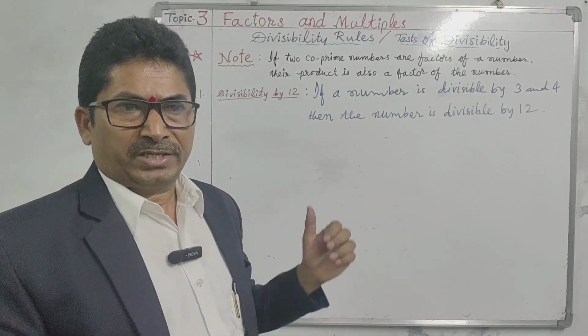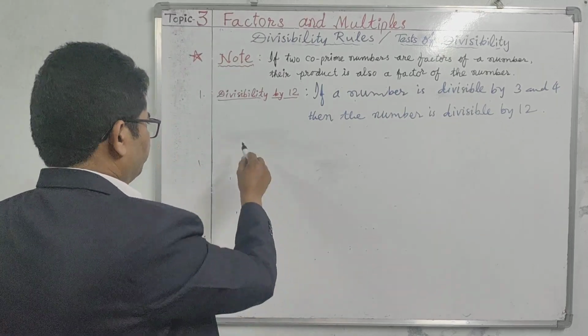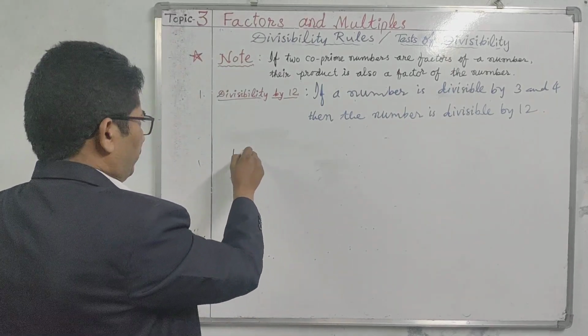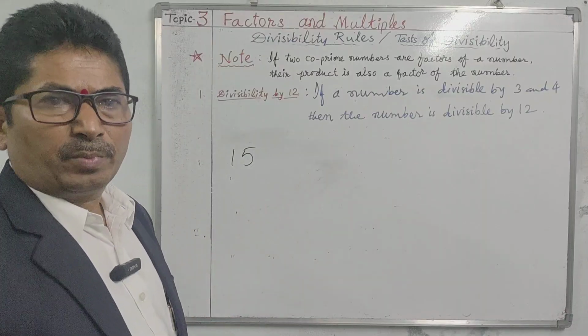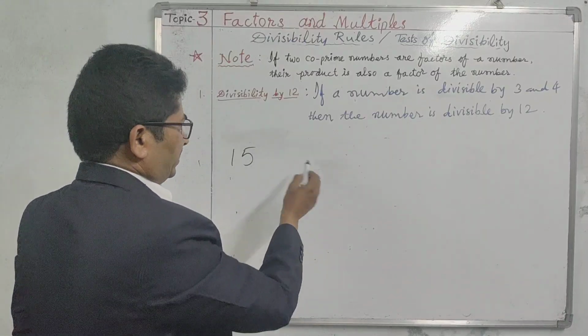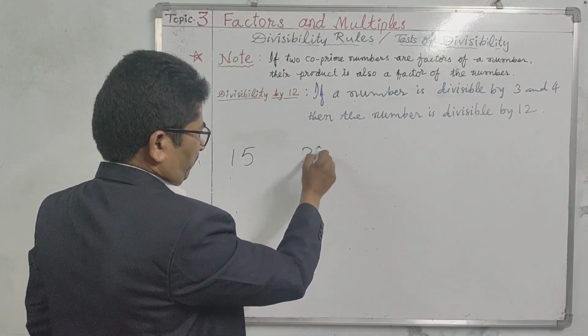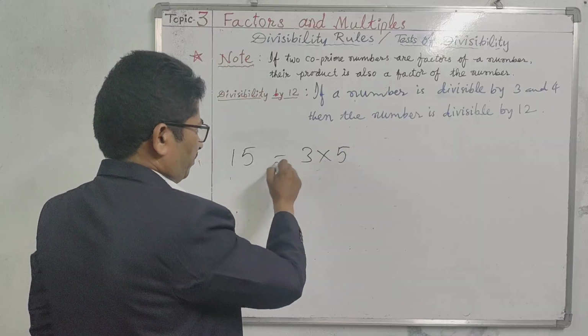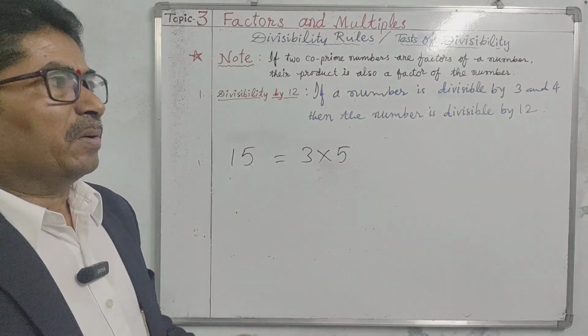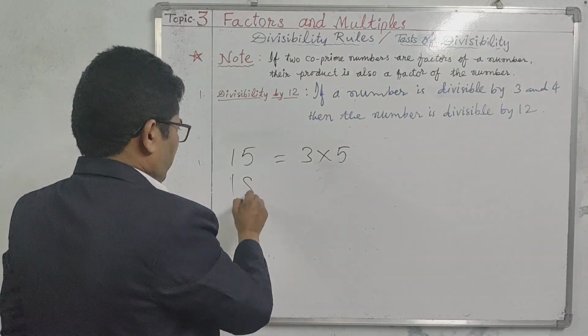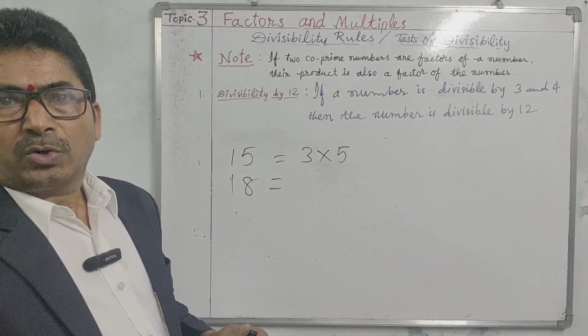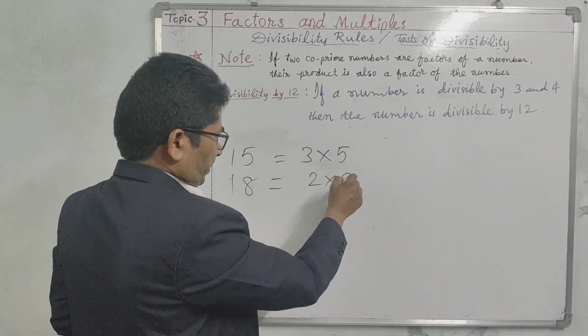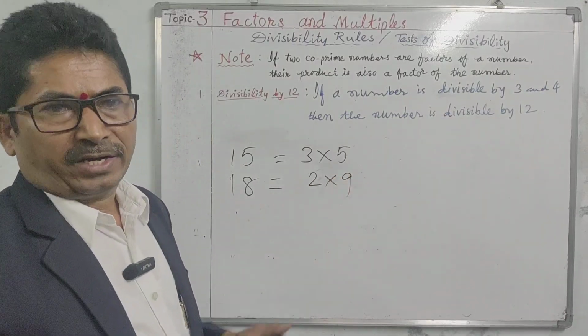Similarly, we can say some more like that. Next, 15. If a number is divisible by 3 and 5, then the number is exactly divisible by 15. Next, 18. If a number is exactly divisible by 2 and 9, then the number is exactly divisible by 18.